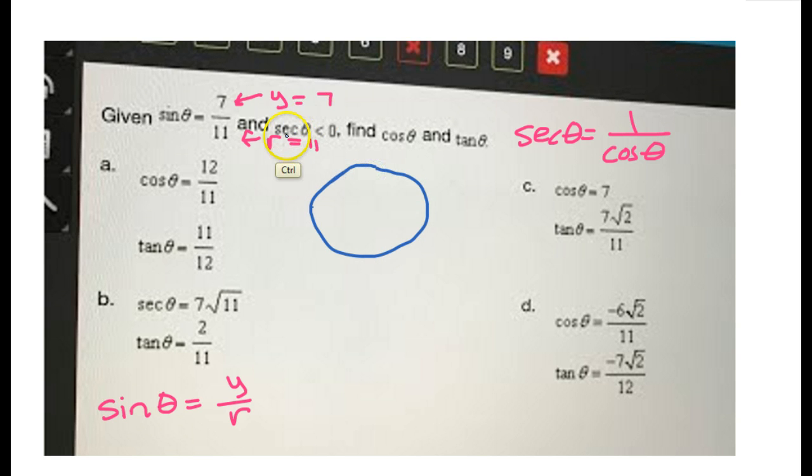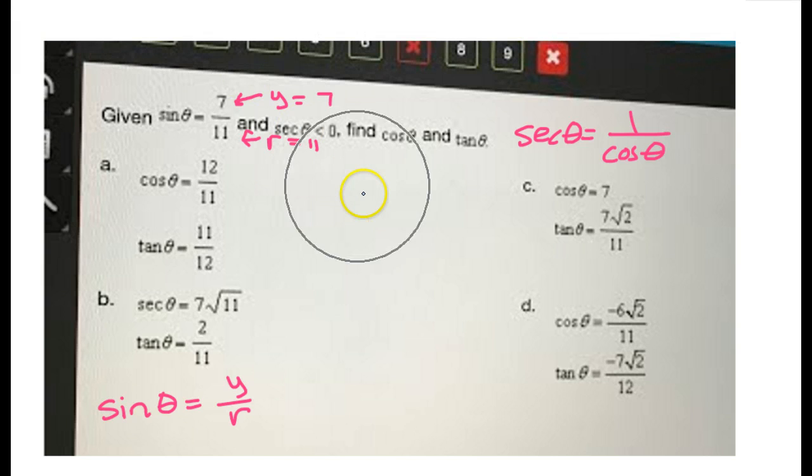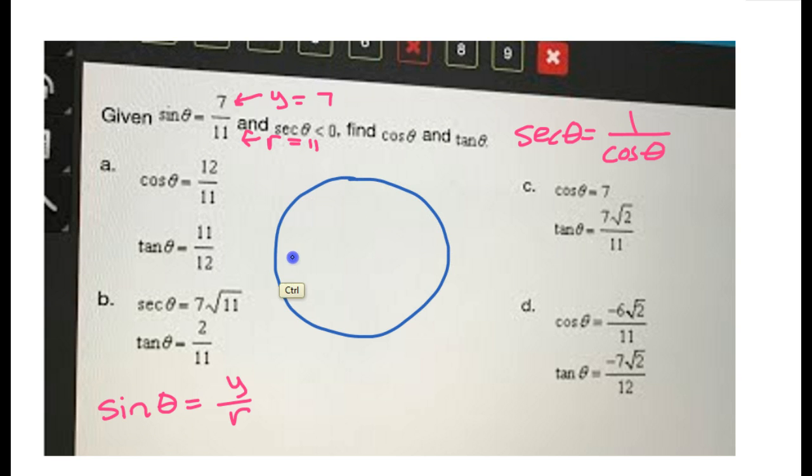If secant is less than 0, that means that secant is negative, so cosine is negative. Remembering that cosine is an x value on the unit circle, that helps us remember that cosine is going to be negative in the second quadrant and the third quadrant.